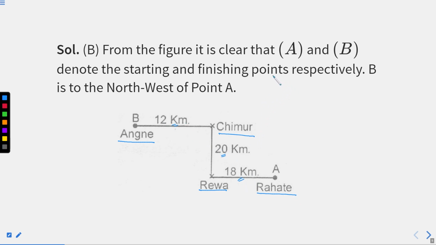If I draw a line from here to here, from point A, we know that village Angani is in this direction, and this direction is north, this direction is west. Now we can easily figure out what our answer is. That is northwest, from point A to point B. We are moving in the northwest direction.